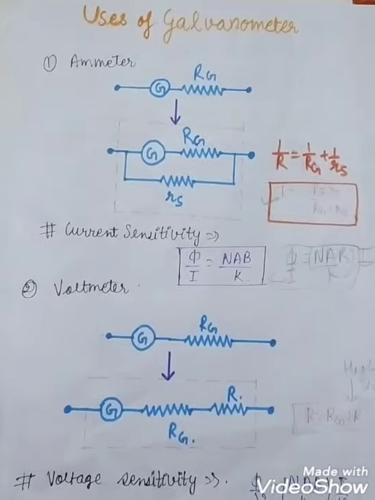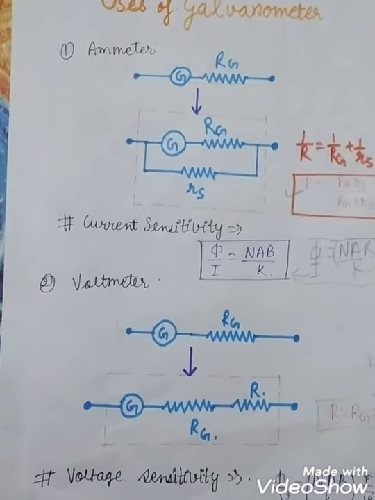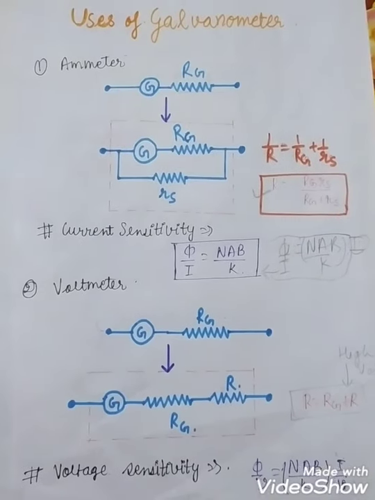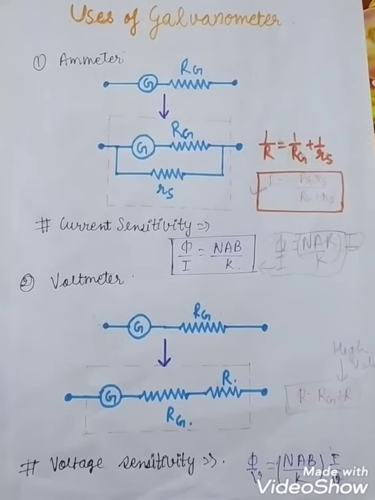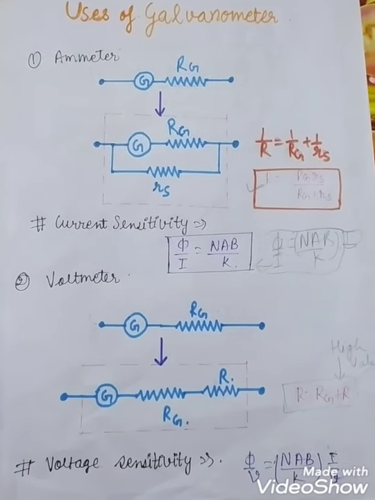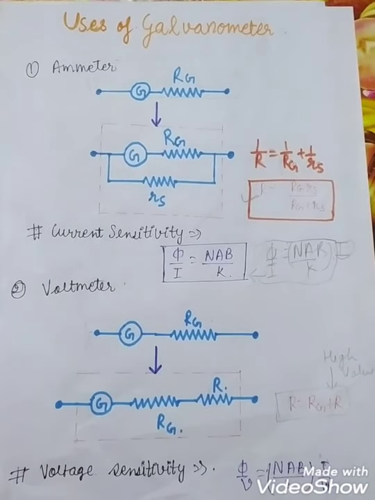Okay, now I have talked about current sensitivity, so there must be some voltage sensitivity. So let us discuss that. What is voltage sensitivity? It is defined as the number of deflections per unit voltage. We already had the formula for the number of deflections.